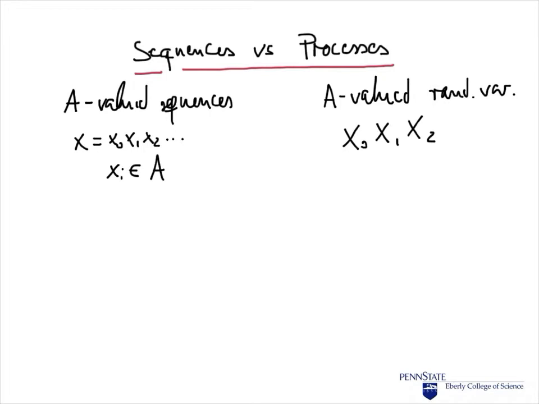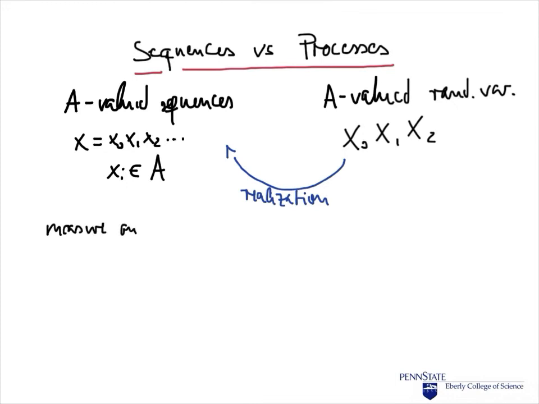An A-sequence is often called a realization of a process.